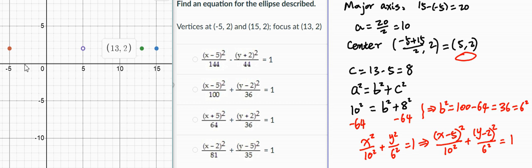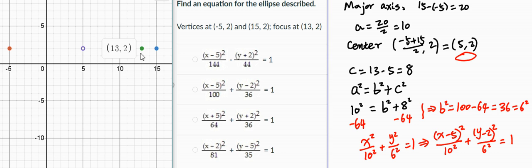So 15 minus -5 is 20. And then half of the major axis should be 10, from 5 to 15, or from 5 to -5. So a should be 20 divided by 2, which is 10. So we know the a value is 10.